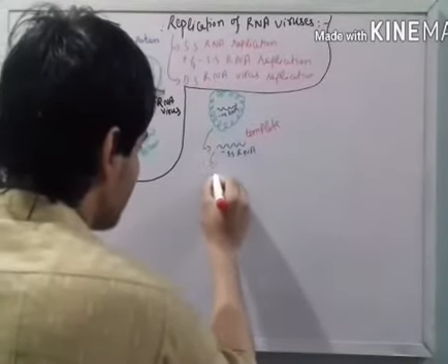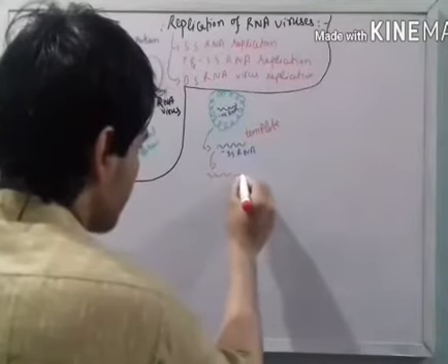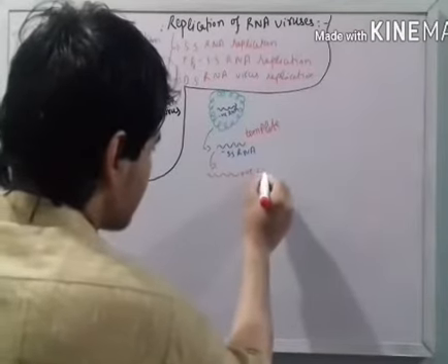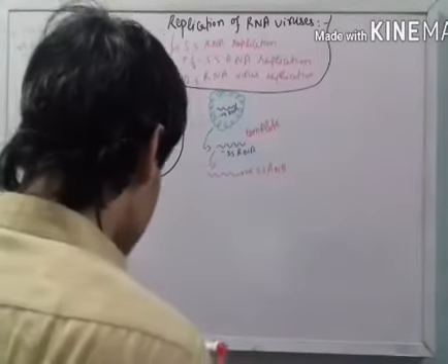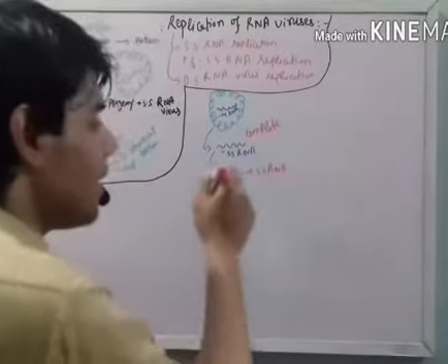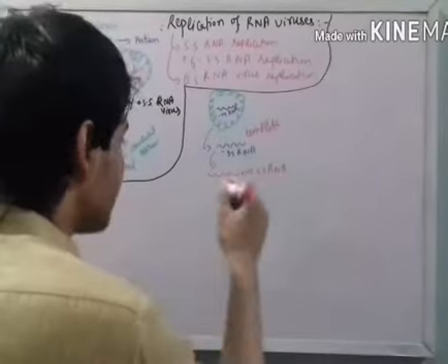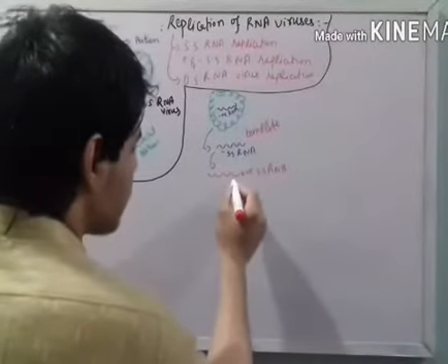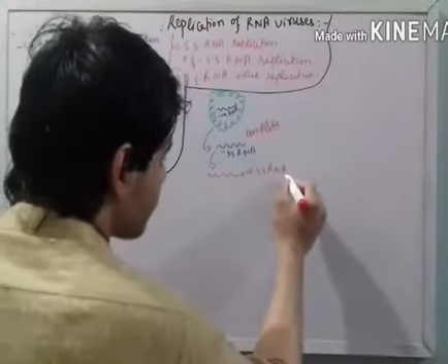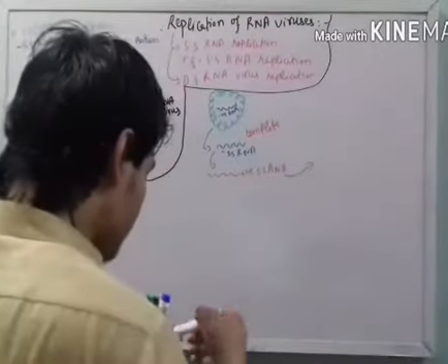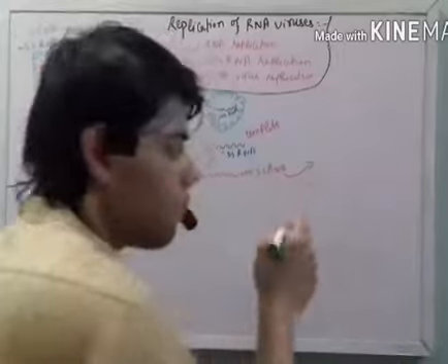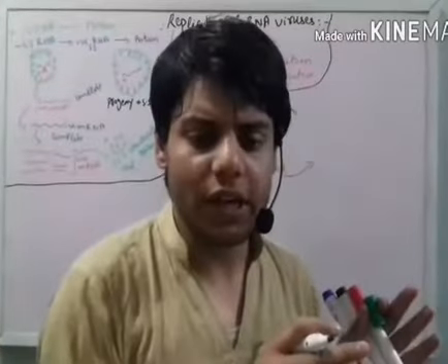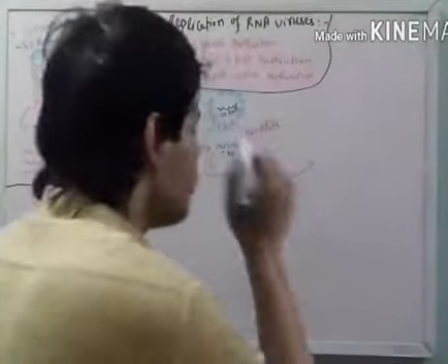We get positive single-stranded RNA. Once we get positive single-stranded RNA, what will it produce? This positive single-stranded RNA will produce two things.